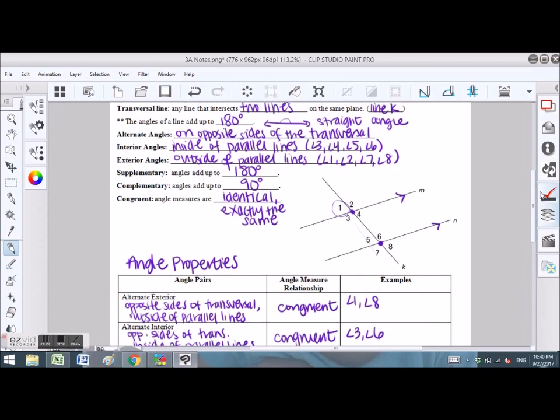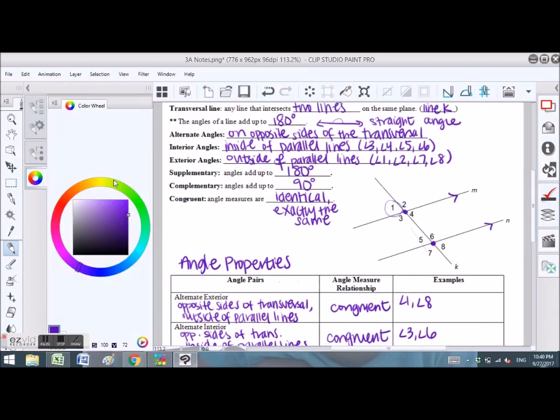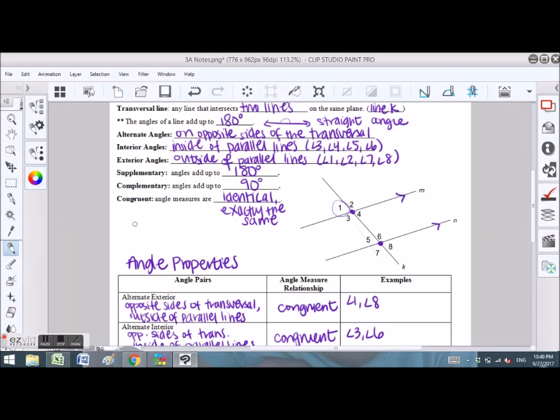One cool thing that I want you to write down on your contract is that if you have one angle measure, you can find all angle measures.